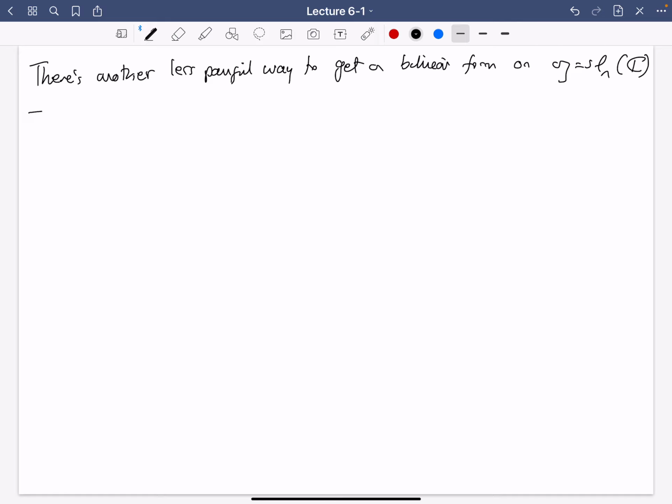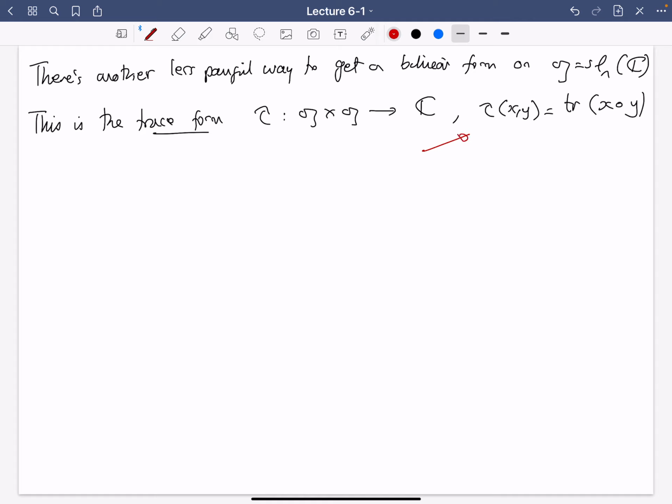This is called the trace form, tau. This is another bilinear form on the Lie algebra SLn. Actually, all you really need is a linear Lie algebra. By definition, tau of x, y, the trace form, is just, well, you take x and y, they're n by n matrices, you just multiply them as n by n matrices, and then you compute the trace.